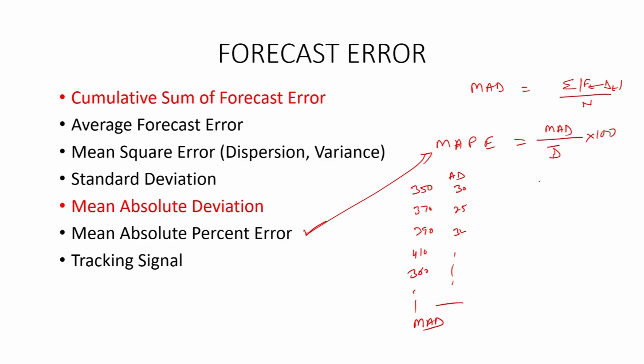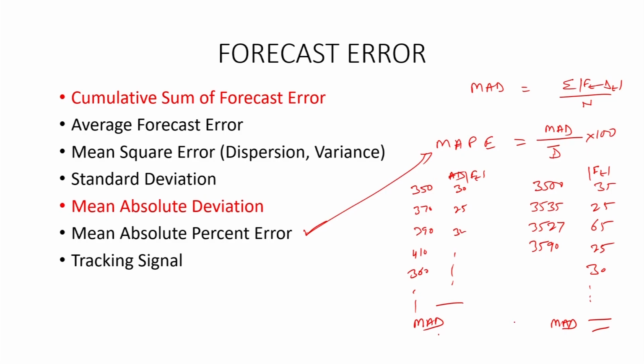If there is another series which is, let us say, 3500, 3550, 3527, 3590 and like this, and the absolute forecast error is of the same order, 35, 25, 65, 25, 30, and we find the mean absolute deviation is the same, the mean absolute deviation of this series and that series are the same.